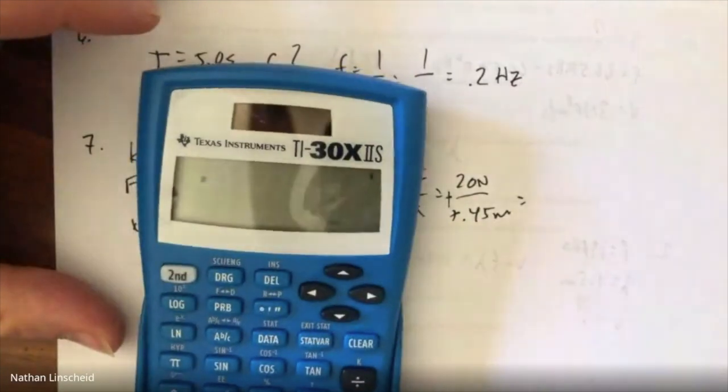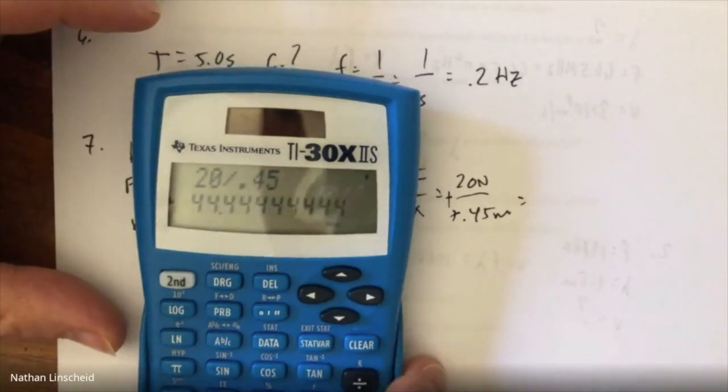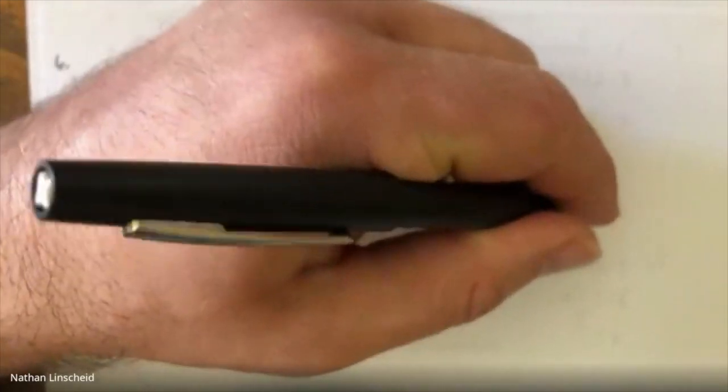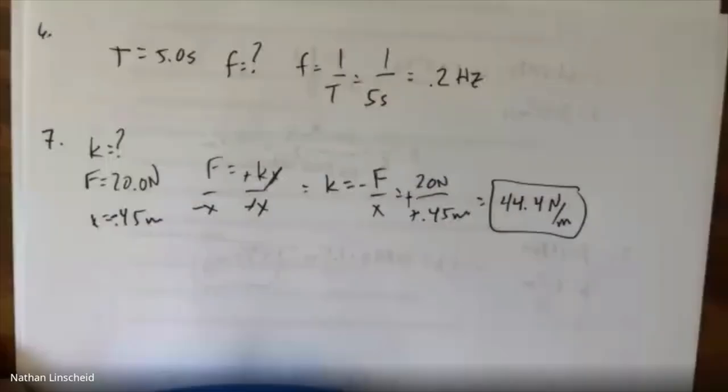All right, and so I'm going to go 20 divided by 0.45, and I get 44.4 newtons per meter. Now on your test, if you had a negative sign in there, I don't really care. That's a detail that's not super important, but I just want you to know where those negative signs come from and where they go.